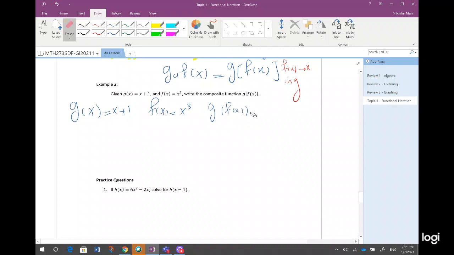What is f of x? f of x is x cubed. So what is g of x cubed? Instead of x in g, I put x cubed. So this is x cubed plus 1.